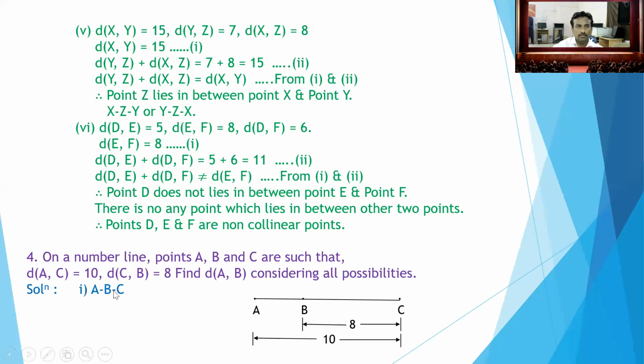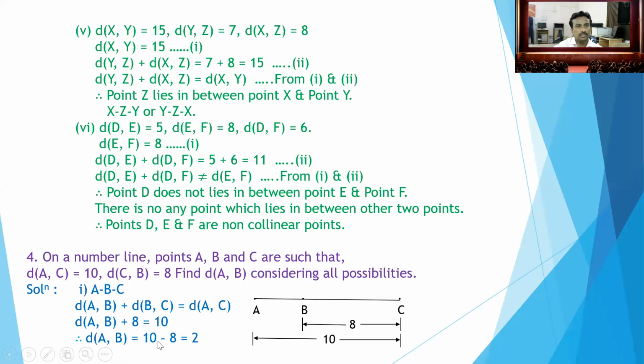Now A-B-C means A, B and C are on the same line, means point B lies in between point A and point C, and distance AB plus distance BC is equal to distance AC. Now distance AB plus 8 is equal to 10. Put the values.